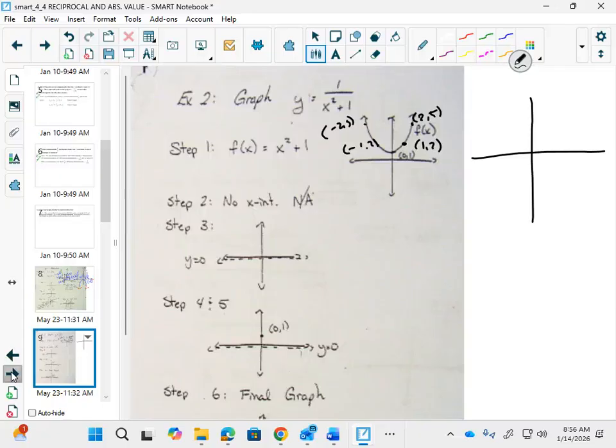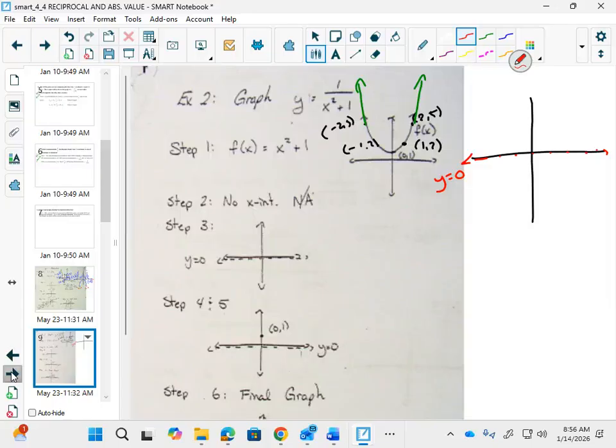No. No vertical asymptotes. Does our graph keep getting bigger and bigger and bigger? Yes. So we will have a horizontal asymptote at y equals 0. And if you use Chapter 2, can you see the degree is bigger on the bottom on this one? Degree is bigger on the bottom gives you a horizontal asymptote at y equals 0.